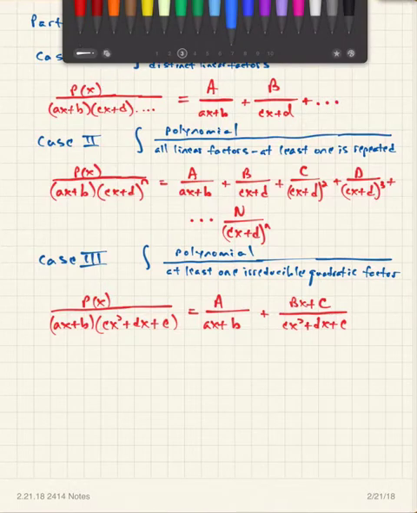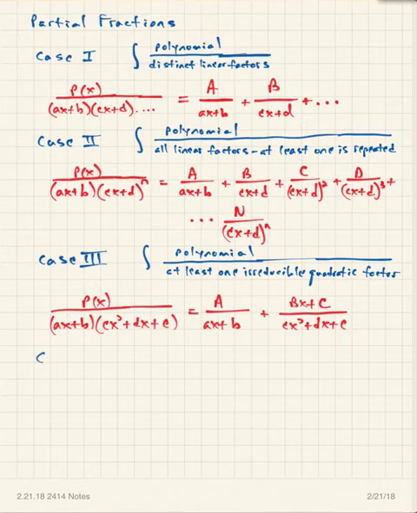Finally, case 4, and you could go on with these cases really forever, but these are the only cases we're going to look at with quadratic factors here. So case 4, you have a polynomial in the numerator.